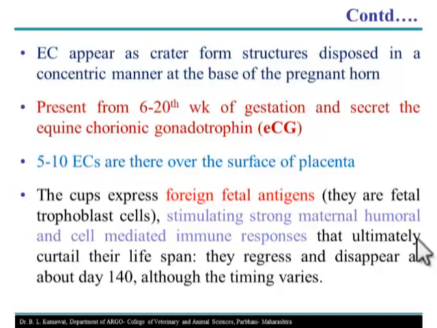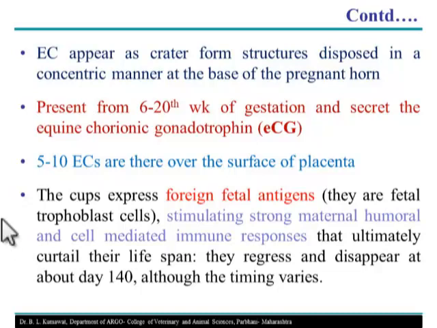So we have known the origin of these endometrial cups, but how do they disappear after 140 days, and what is the cause for disappearance of endometrial cups at around 20th week of gestation? That is because of the immunological reaction.